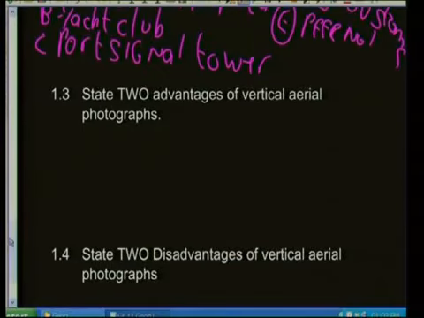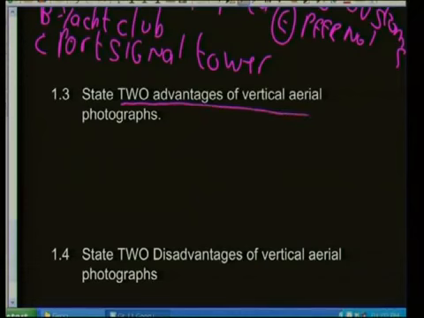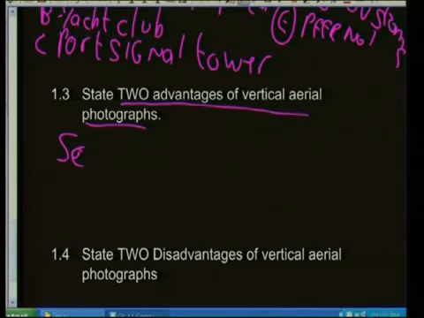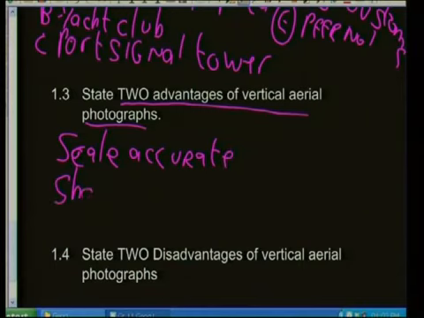Stated simply, you can also get some straight theory questions that'll come out in the Mapwork also. You understand that we just went over the content, like state 2 advantages of vertical aerial photographs. All right, you know it already. The scale, I'm going to write it in short where we went over that, is quite accurate. You can also see the shape of the features.